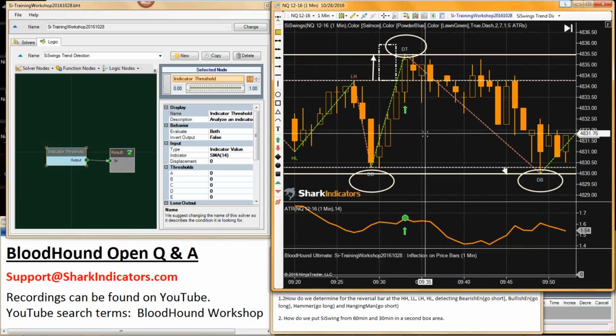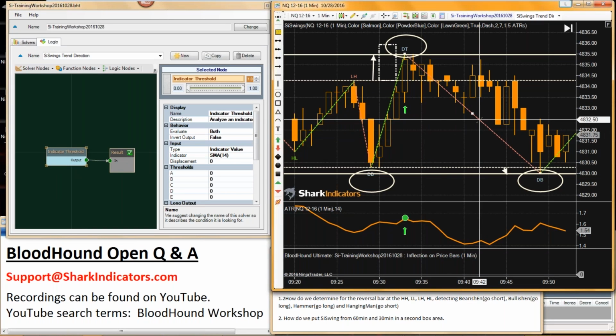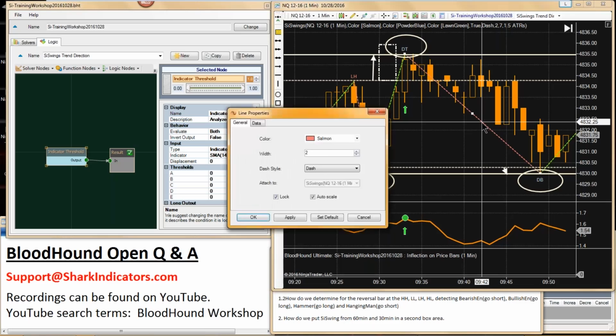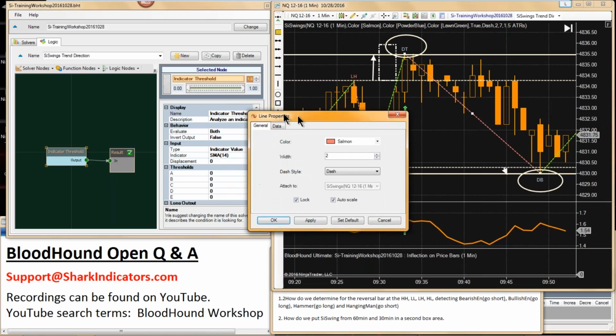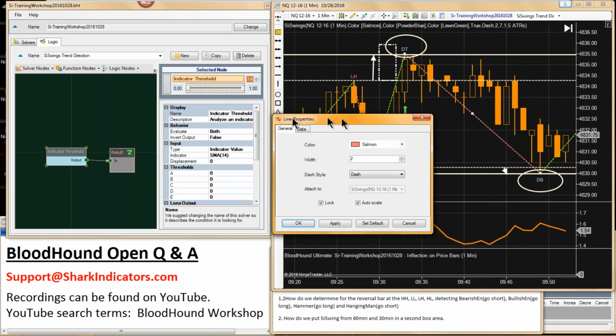The reason why is you'll notice that this line that's put on here by the swings indicator is a line, it's not a plot. So the swings indicator doesn't have a plot. If I double click on that, it brings up the line property.